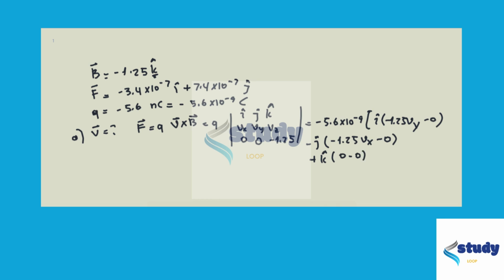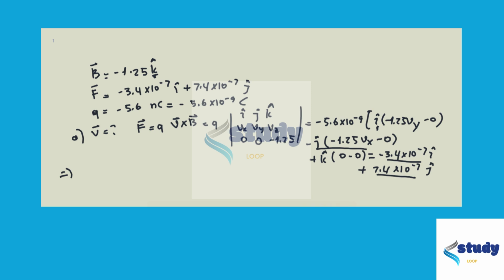Right. So this entire thing, which is force, is given to us already. So we know the right-hand side to be negative 3.4 times 10 to the power negative 7 i hat plus 7.4 times 10 to the negative 7 j hat. So the component of i hat is going to be equal to this term, and the j hat component is going to be equal to the j hat component. So let's write them down here.